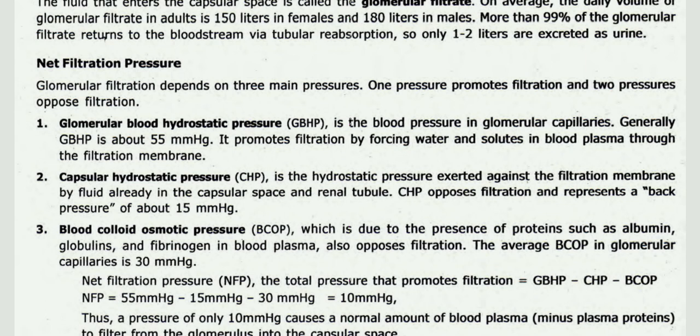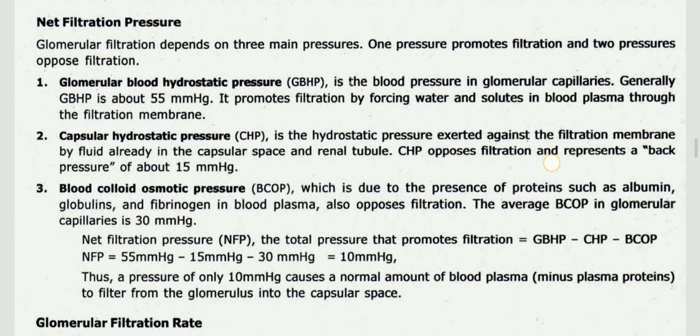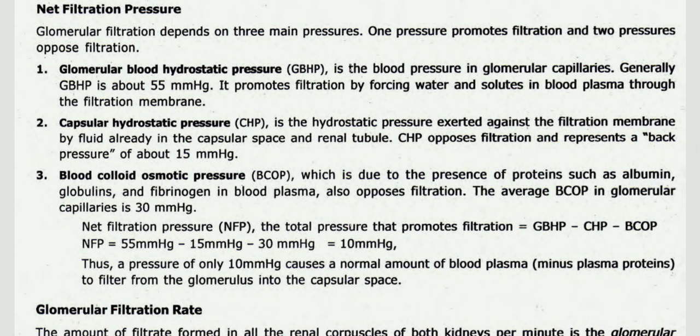It promotes filtration by forcing water and solutes in blood plasma through the filtration membrane. Then capsular hydrostatic pressure, CHP, is the hydrostatic pressure exerted against the filtration membrane by fluid already in the capsular space and renal tubule. CHP opposes filtration and represents a back pressure of about 15 mmHg.